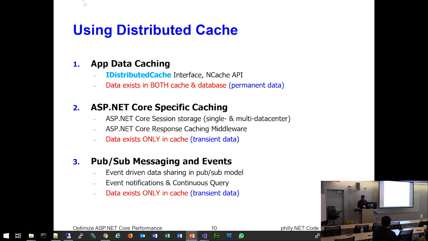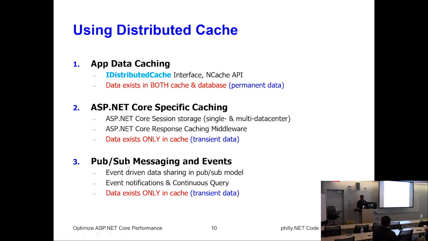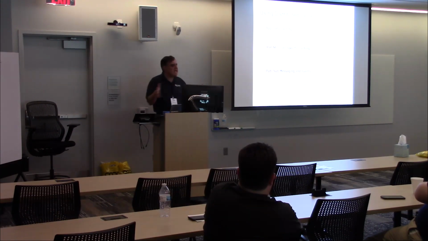So unlike the application data caching where there were two copies of the data, so the nature of the problem was different. You had to keep the cache fresh. In the second and third case, it's the opposite. There's only one copy of the data, which is the cache. So that means within the cache, there has to be more than one copy that is consistent for replication purposes.